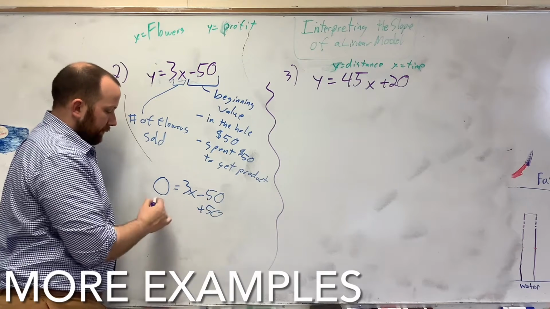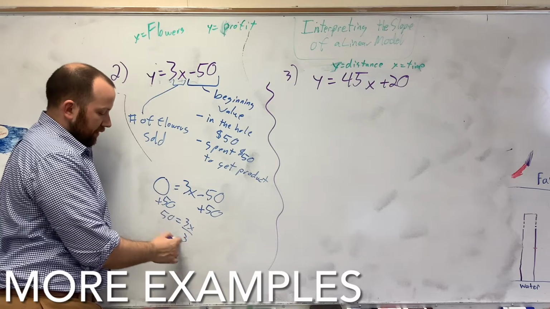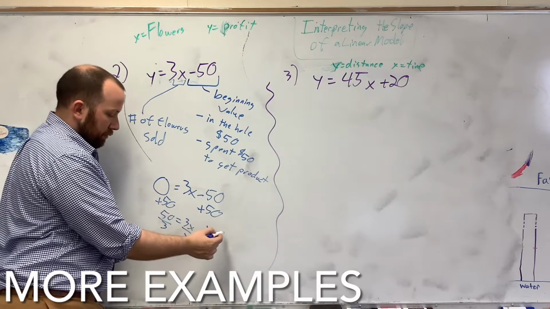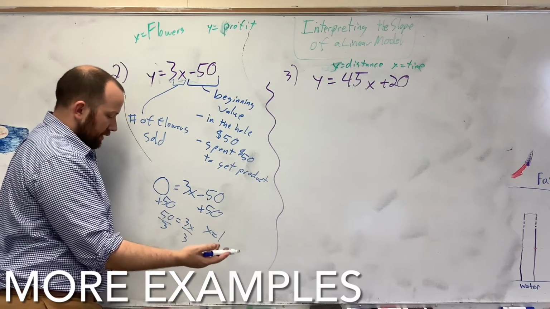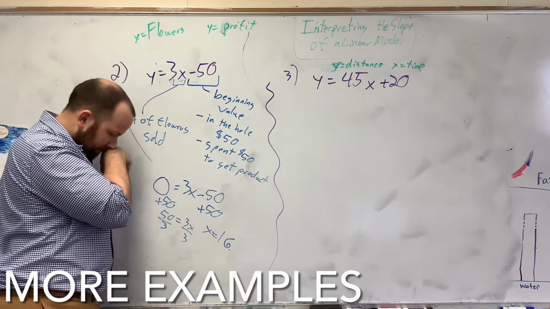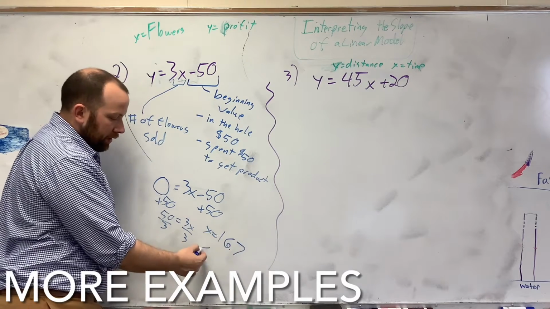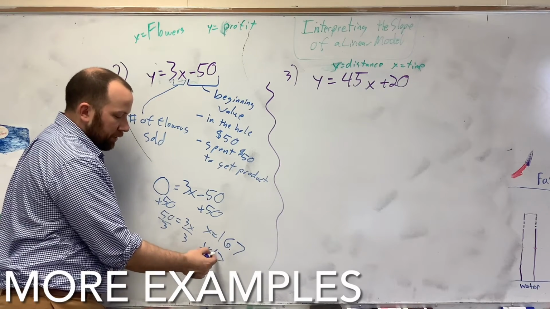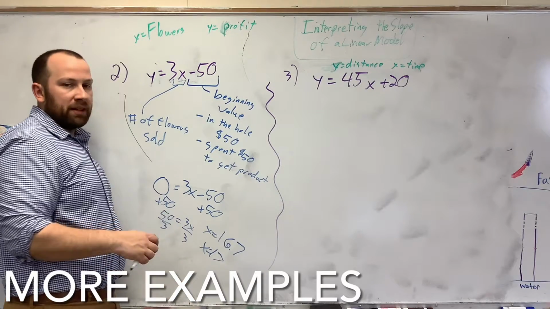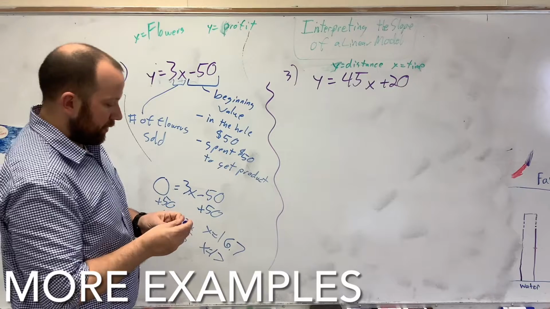Add 50, add 50. 50 equals 3x, divided by 3, divided by 3. x equals 16.7. So I have to sell about 17 flowers before I start making a profit in this case, because my initial value I was $50 in the hole.